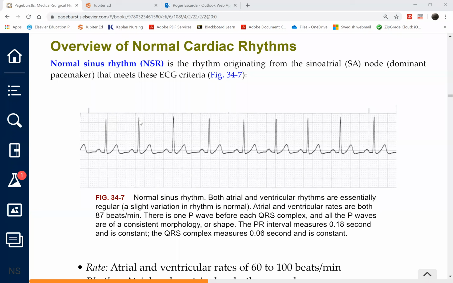So get your paper and mark it. I'm doing the same right now. Then move that to the next R to R. After you do that, you move it to measure from this R to this R. Is it the same distance?